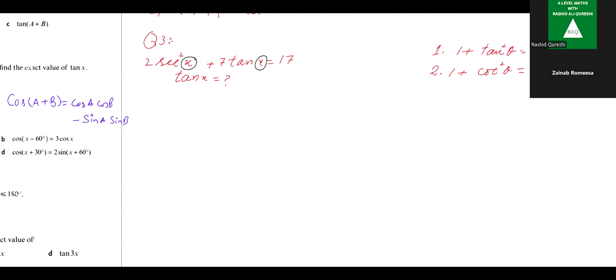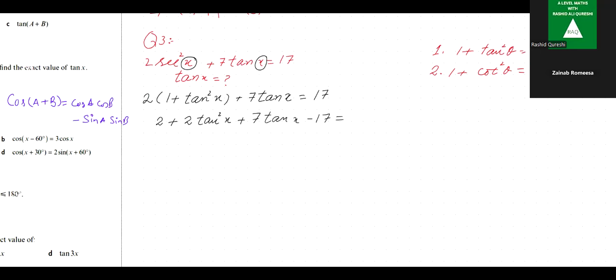2 will remain as it is. Secant square means 1 plus tan square of theta. And plus 7 times tan of x will remain as it is equal to 17. Expand the brackets, try to solve this one. That becomes 2 plus 2 times tan square of x in this case, plus 7 times tan of x minus 17 equal to 0.